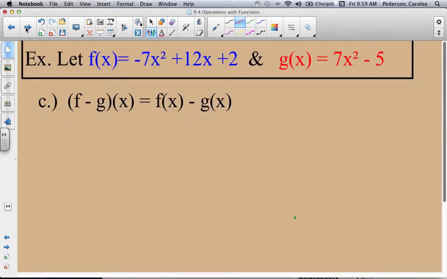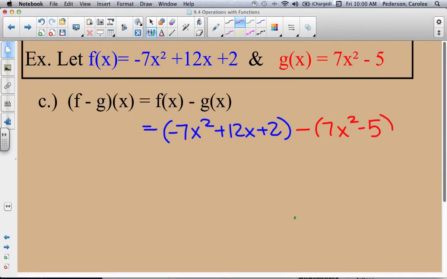All right, here's the same given two functions again, so just go ahead and write question C. Now we're going to subtract the two functions. So we take that original blue one like we had in the last two examples, negative 7x squared plus 12x plus 2, and we're going to subtract it from the red function.